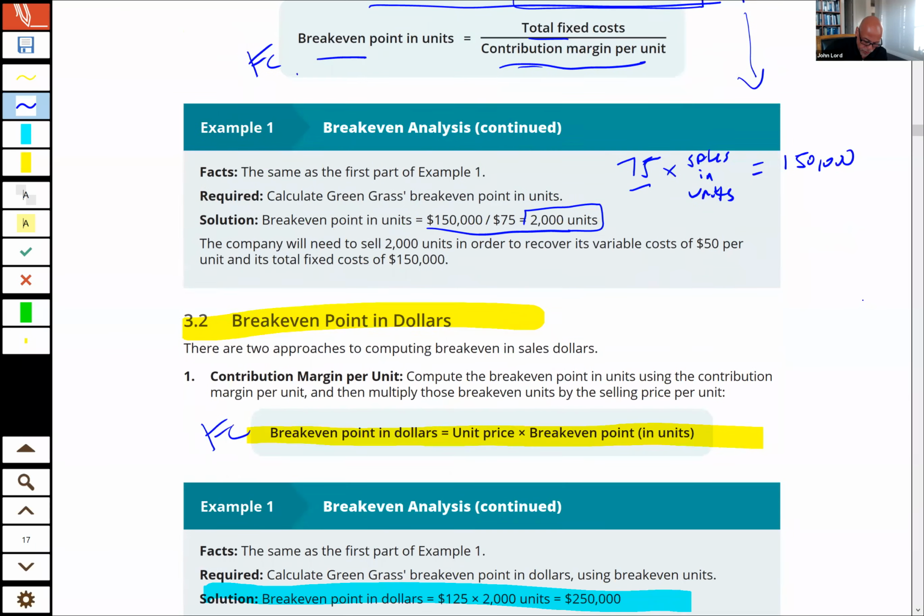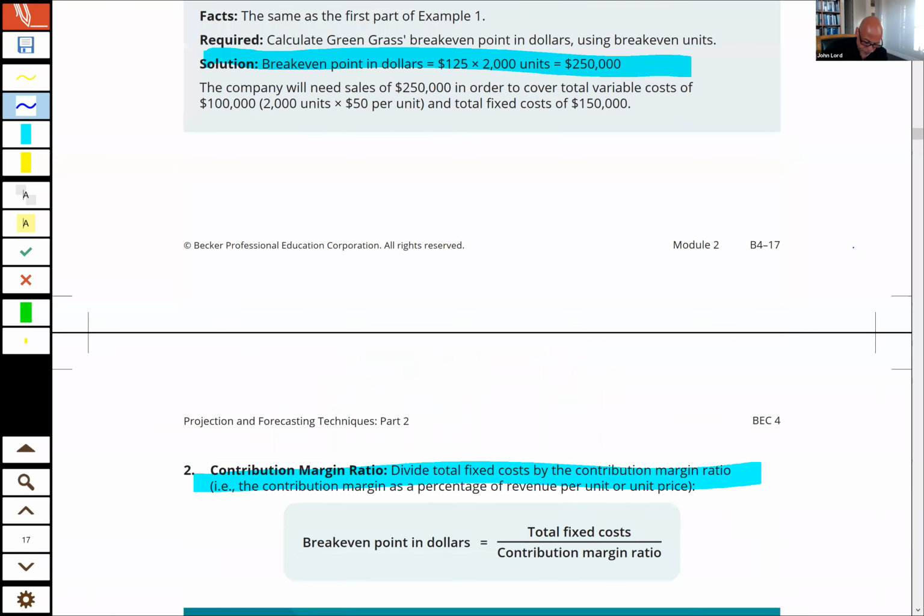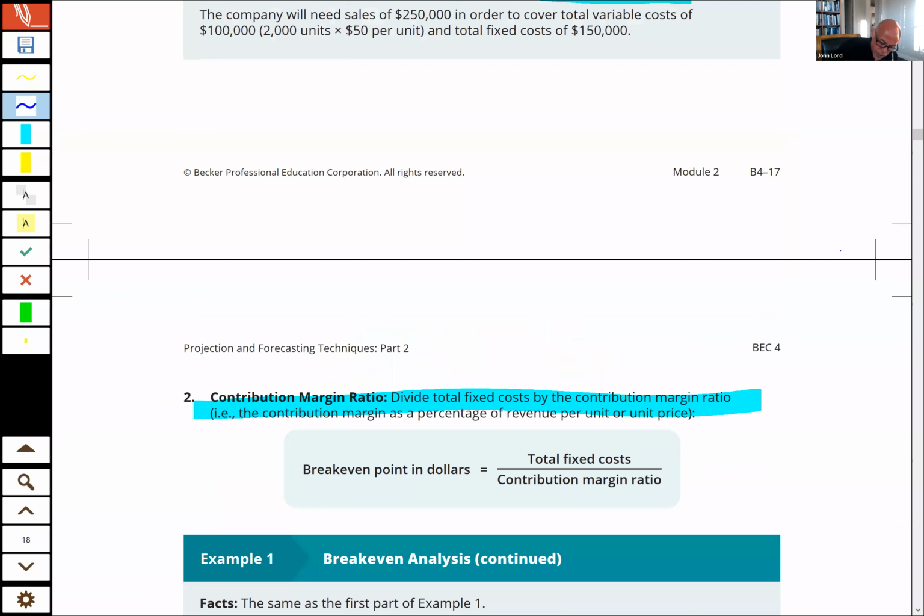So now, if that's the case, you look at it as contribution margin ratio times break-even sales dollars. Break-even sales dollars has to equal fixed cost.